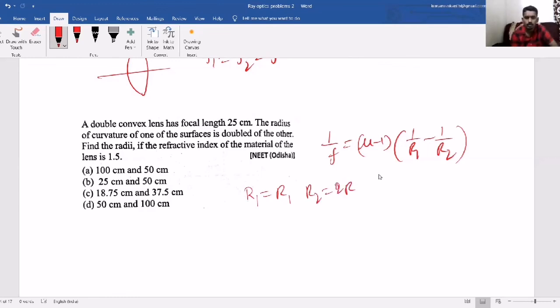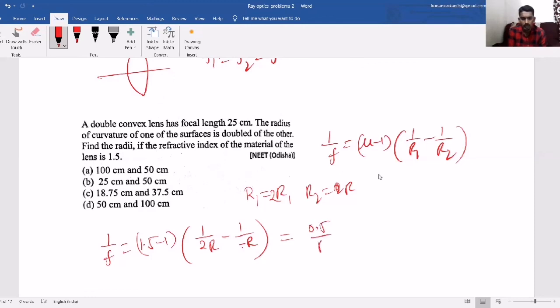Anything you take, the same thing will come. So 1 by focal length equals mu minus 1, that is 1.5 minus 1, into 1 by 2r minus 1 by r2, which is minus, because for a convex lens r1 is plus and r2 is minus, so minus of minus is plus. So this is 0.5. Take r common: 1 by 2 plus 1, that is 3 by 2.